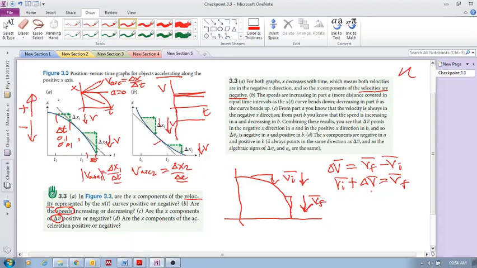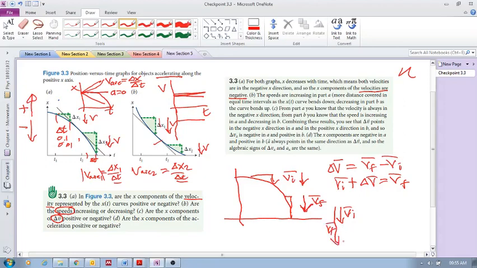Okay? So I'm looking for delta v. Is it positive or negative? So delta v is v final minus v initial. The magnitude of my v final is larger than that one. Let's draw it using vectors. Okay, so I've got a small v initial, and my v final is bigger.